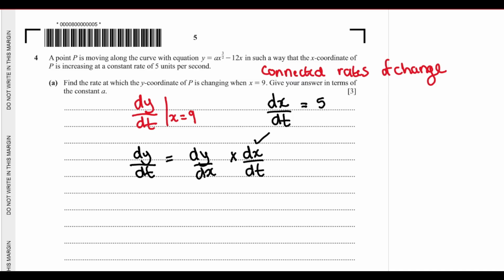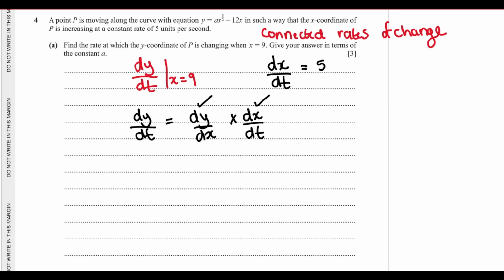And we have dx/dt. We can easily find dy/dx because we have y in terms of x. So that can help us find dy/dt when x is equals to 9. So let's first find dy/dx.